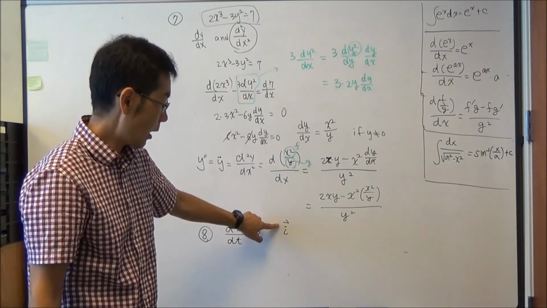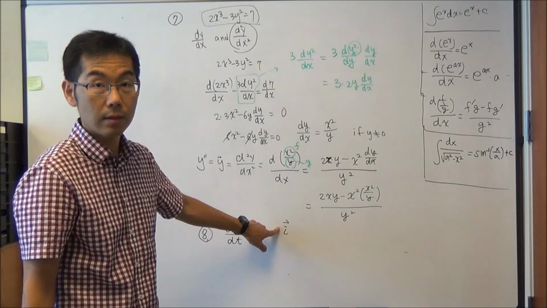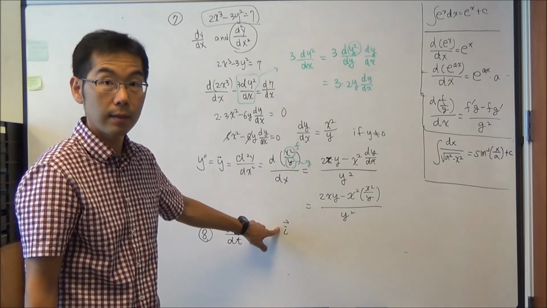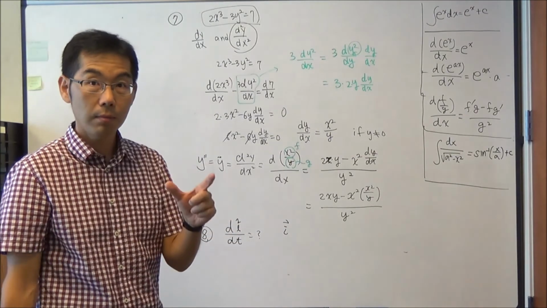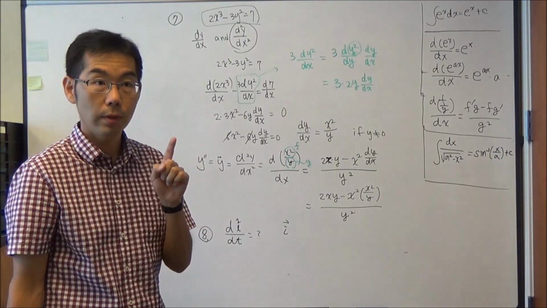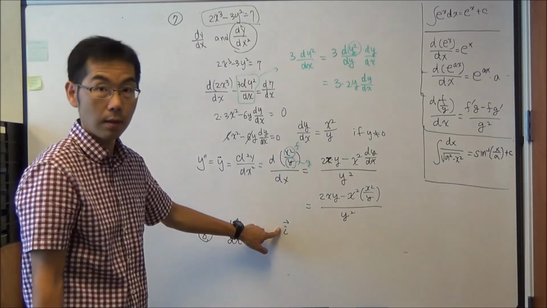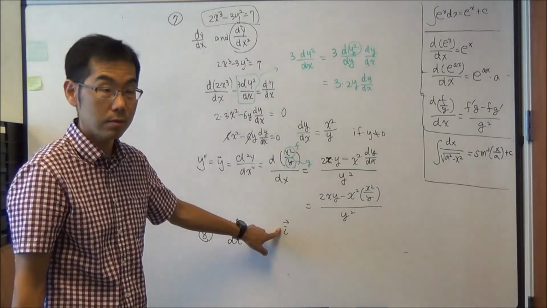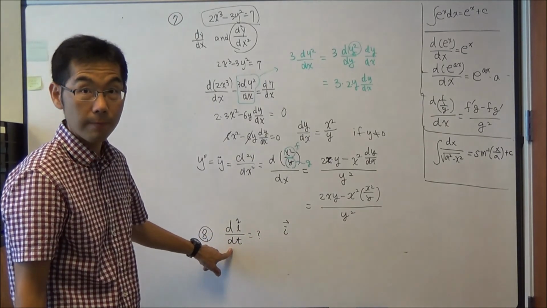So actually this i vector behaves like a constant value, because it has a magnitude of 1 and the direction is always pointing in one direction. That's why this one can be considered constant. That's why di vector over dt will be 0.